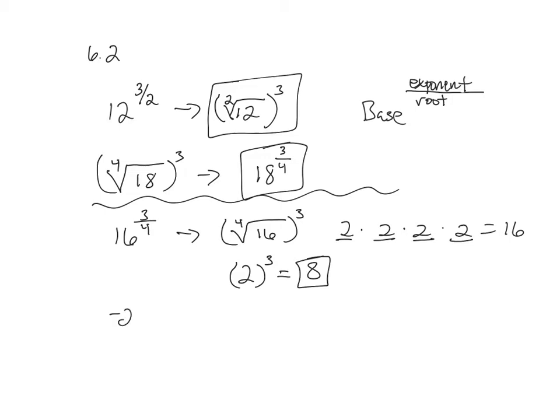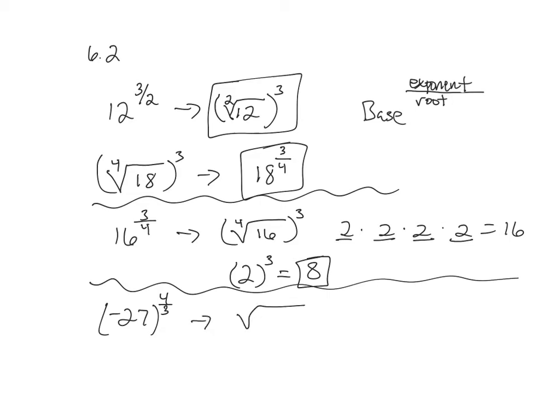Okay, so let's see. For this one, the numerator is the exponent, the denominator is the root. Remember, with negative numbers, if you have an odd root, it's possible to do that. If it's an even one, you can't do it.